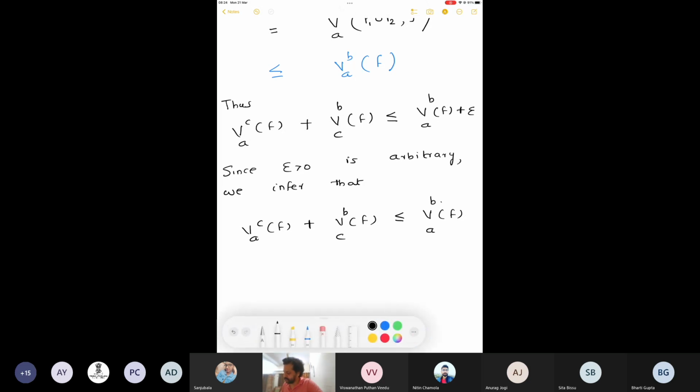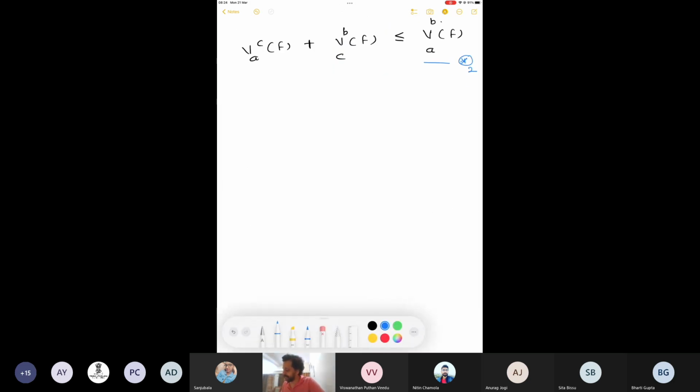Now this is star 2, and now you club star 1 and star 2, you will get the desired result that total variation over the entire interval can be split into 2, or total variation has an additive property. Okay, so this is first fact that I would like to record.